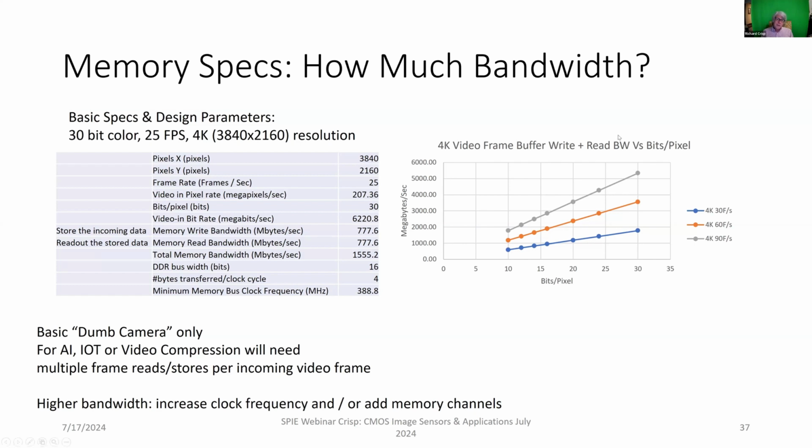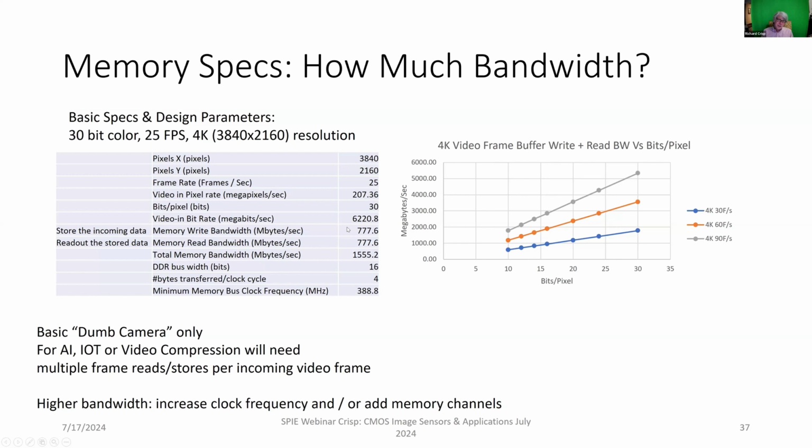So for example, on a 4K video, 3840 by 2160, 30-bit, we can calculate the number of bits per pixel at 4K 60, 4K 30 frames per second, and 90 frames per second. And then this will tell you how many megabytes per second you've got to get out of your frame buffer. So this will tell you essentially how fast your memory needs to be, what the clock frequency should be.